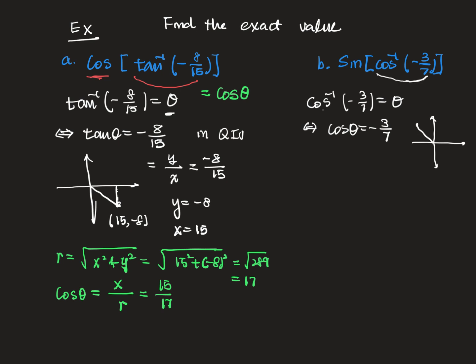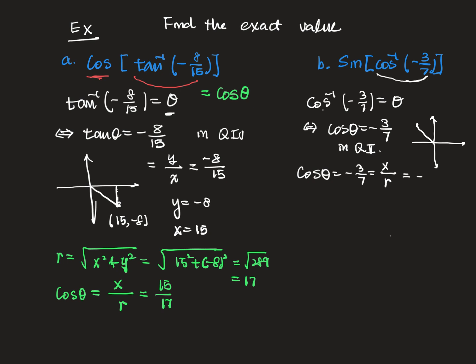Quadrant 2. So in quadrant 2, okay? What is the definition of cosine? Cosine theta is negative 3 over 7. The definition of cosine is x over r. r cannot be negative, which means we write it in this form, guys.